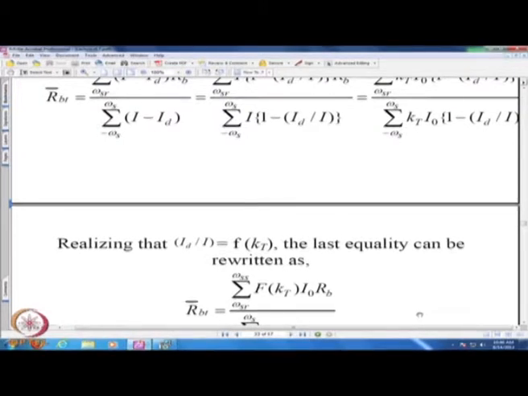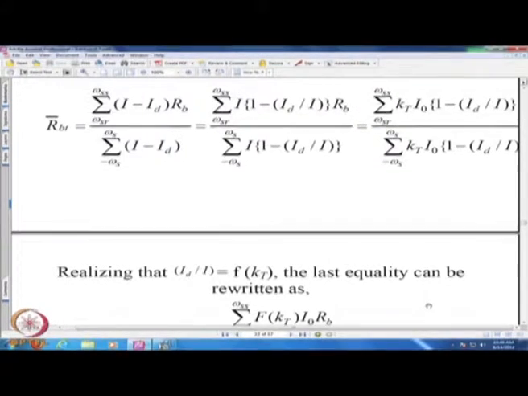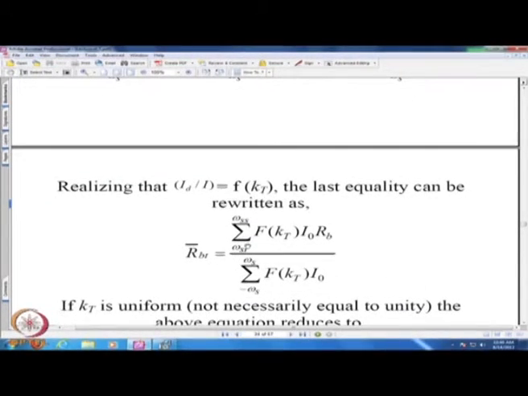So, consequently, k t is anyway clearness index. So, I can write the above equation as R b bar t simply some function of k t times I 0 R b by some function of k t into I 0. That means, it is converted into the extraterrestrial calculation, augmented or attenuated or modified according to some distribution function, which depends upon the clearness index.